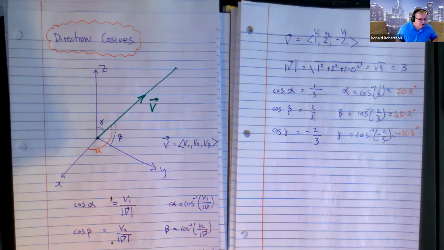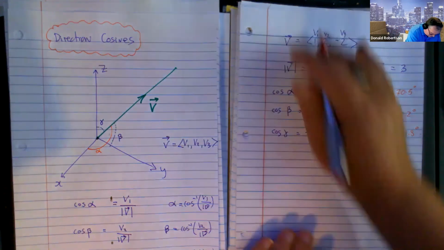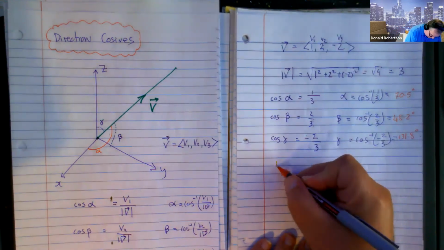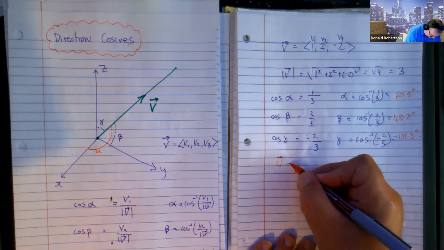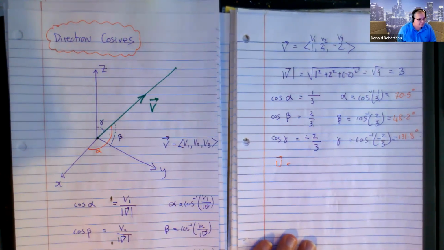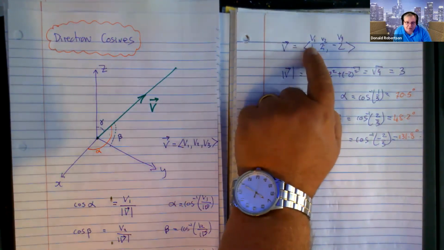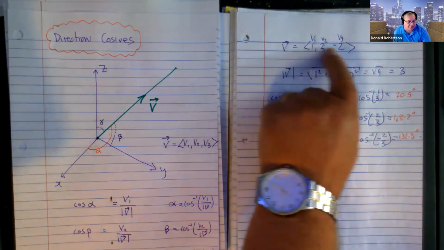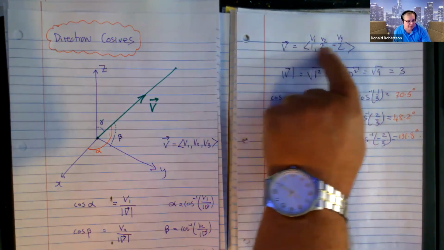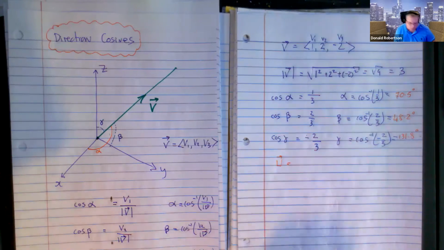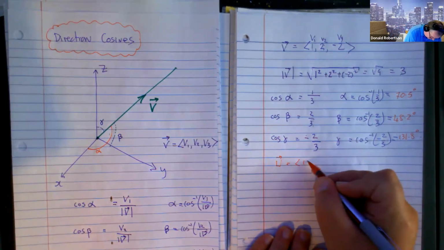Now, here's a useless piece of information, but it's kind of cool. I'm going to do a unit vector. If I wanted to find the unit vector of this guy, I could go through the entire performance, but you don't need to.